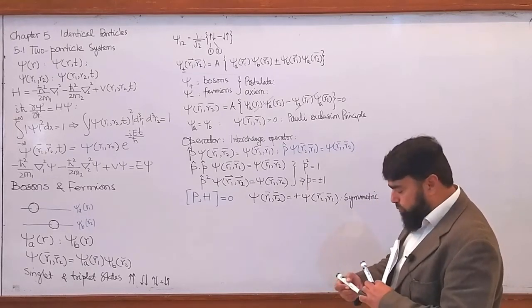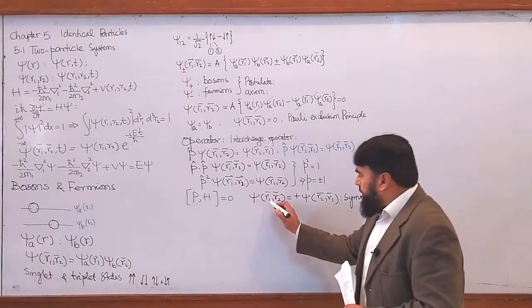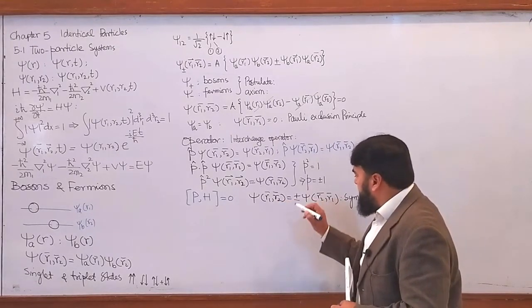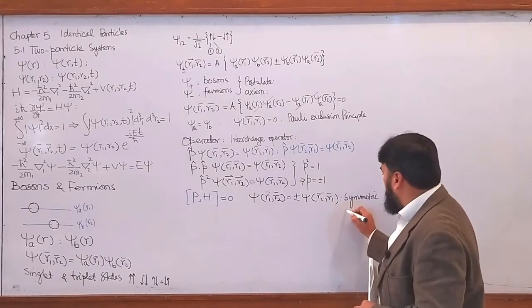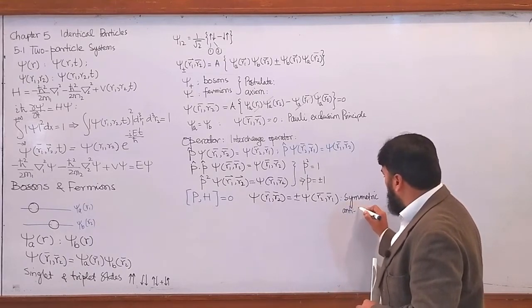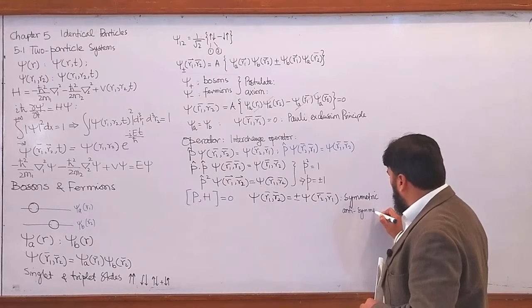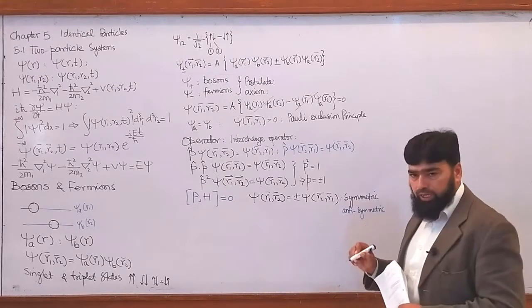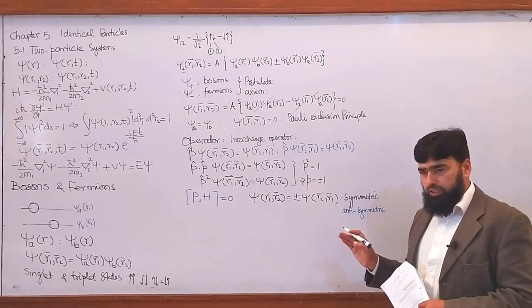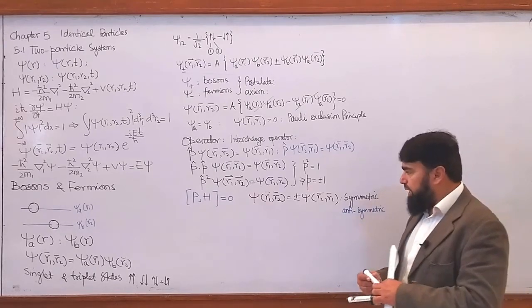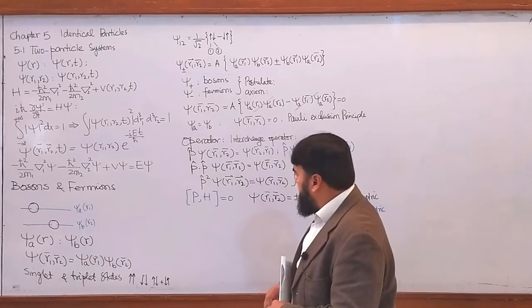And when changing the coordinates generates a minus sign, then I will call it antisymmetric. Is this clear? Now we will discuss symmetric and antisymmetric in detail.